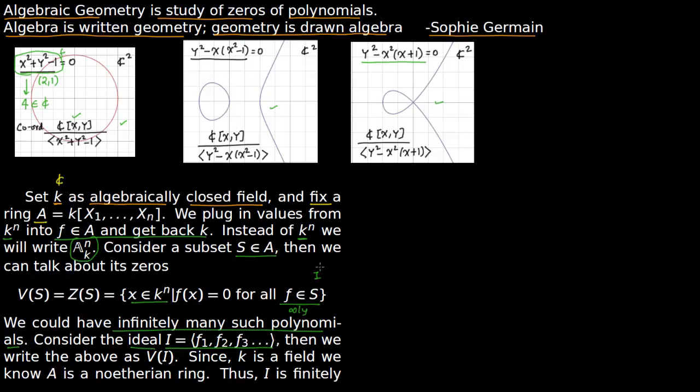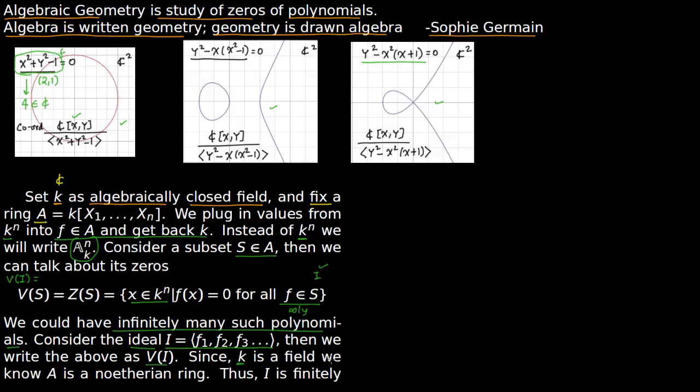So instead of the set S, you put an ideal here, and then you can have the vanishing set of I. So instead of the zeros of S, or the vanishing set of S, now you have the vanishing set of I, because instead of a set you're putting in an ideal. So you can write the above as V(I).